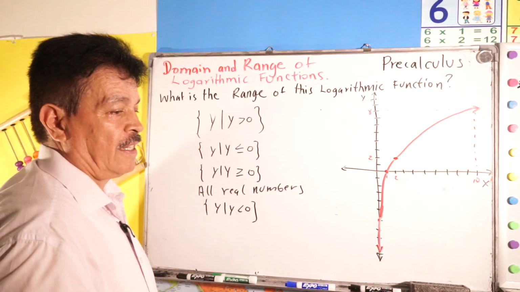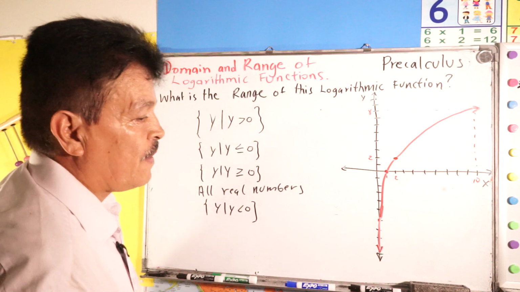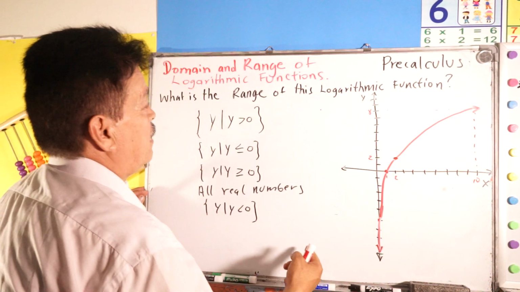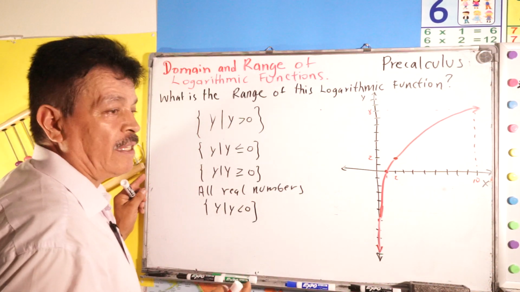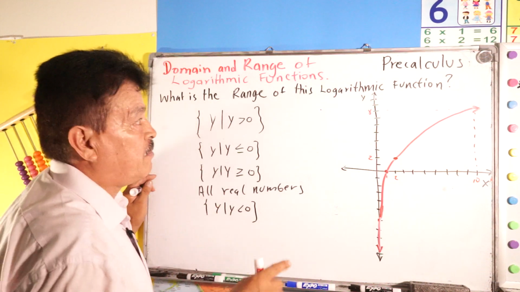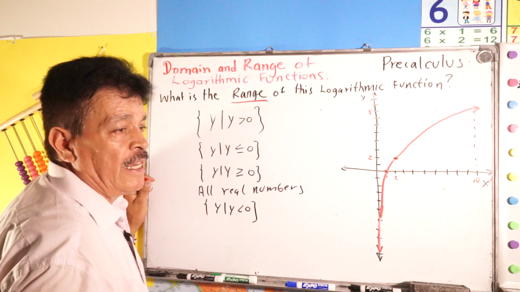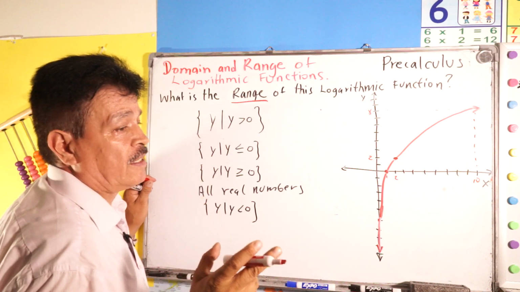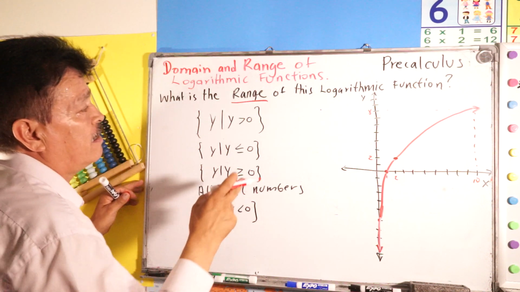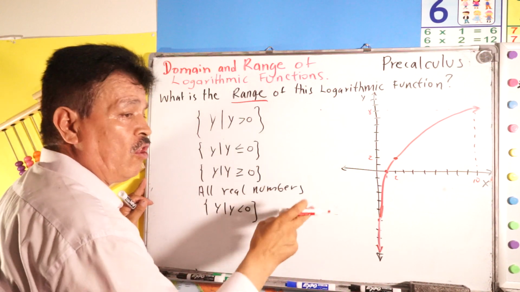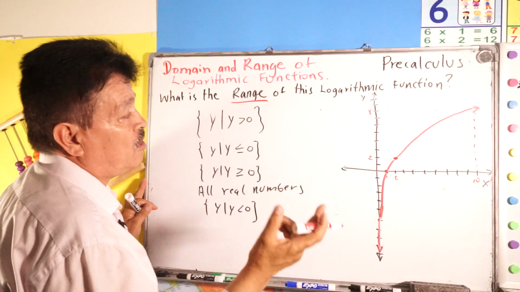In this case, remember the range. What do I mean by the range? We are looking for the range of a function, which is the set of all possible y values.